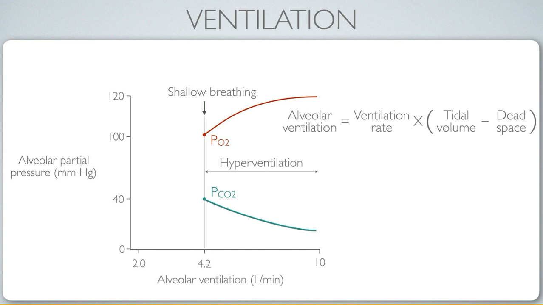And you can drive yourself to do this, even though it will cause lightheadedness and may eventually cause you to faint. And the reason why you faint, just as an aside, is that this hyperventilation drives a drop in the partial pressure for CO2. That increases blood pH.